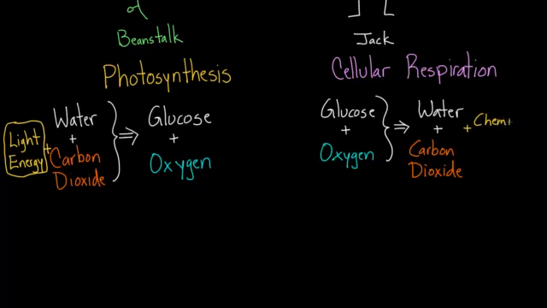In fact, he's using the chemical energy to help him climb the beanstalk. And the chemical energy comes in the form of what we call ATP, which is just a molecule of high energy. And so Jack and the beanstalk are basically going from light energy to chemical energy using these two equations.